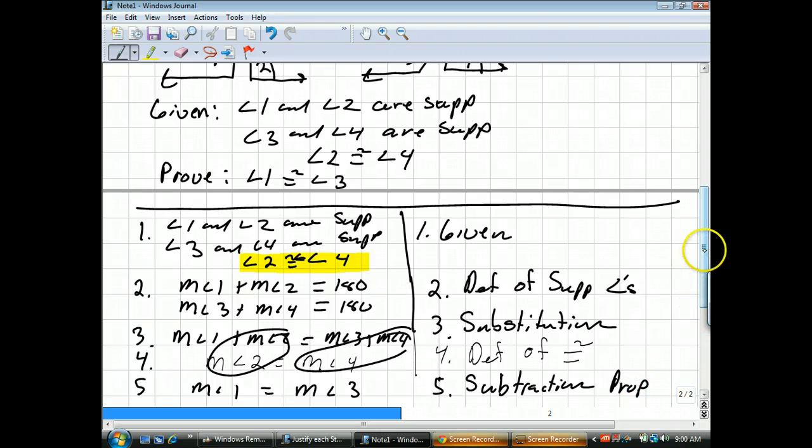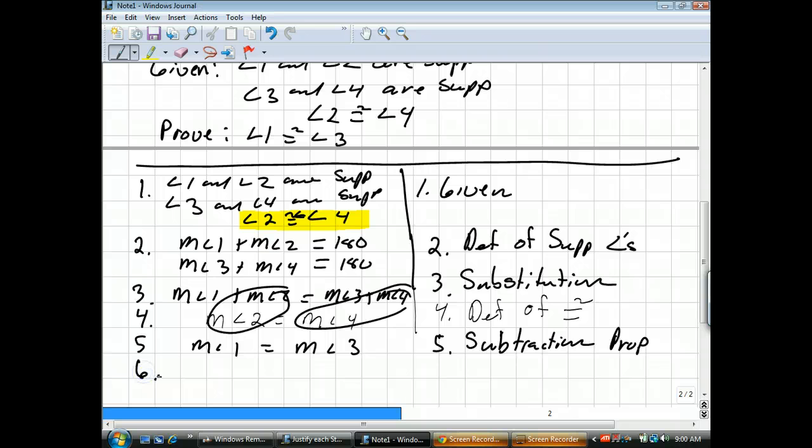And now technically we should also say that because they're equal, then angle 1 is congruent to angle 3. And then again, that's definition of congruence.